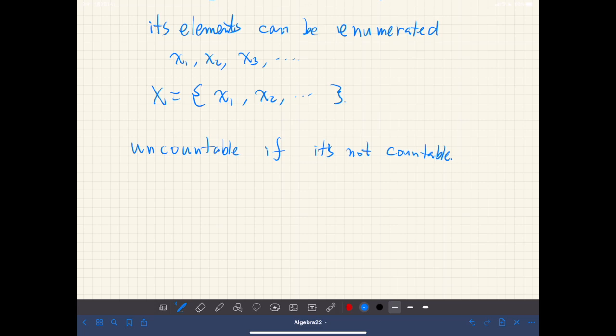Another way to put it is if there is a bijection between a subset of natural numbers and the set of interest, then that set is countable. The subset of natural numbers can be the set of natural numbers itself, of course. And here is a rather trivial theorem.